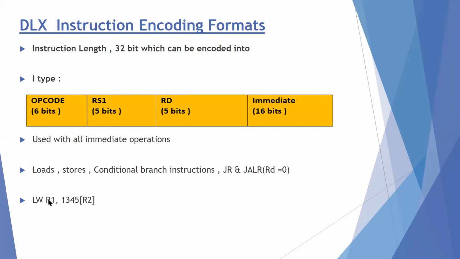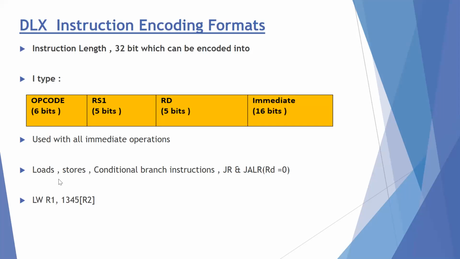For example, if I take the load word instruction, this says load word into R1 from 1345 bracket R2. What is the opcode here? LW. Yeah, the load word, right? So LW is encoded into 6 bits and is stored here as a code for load word, right?